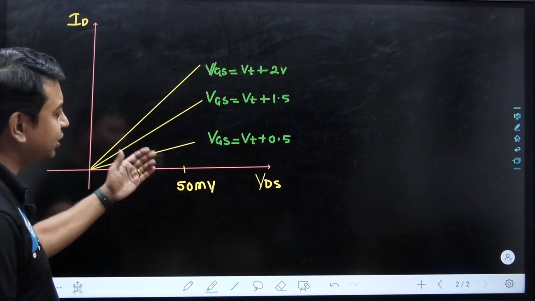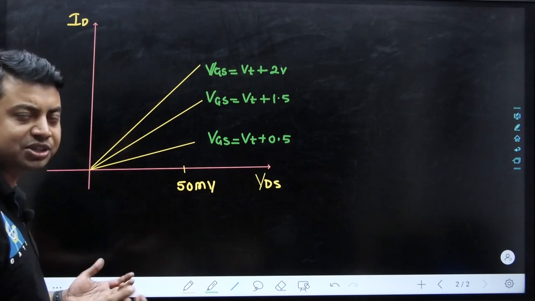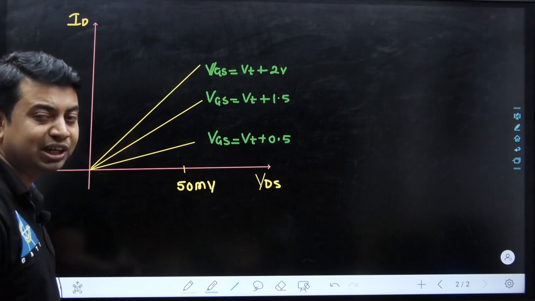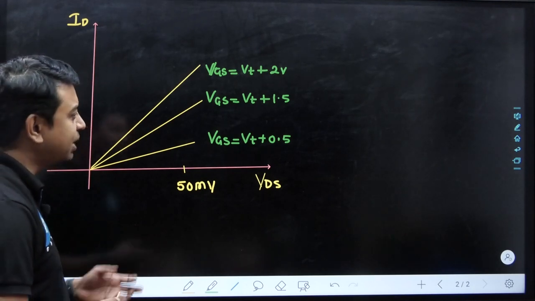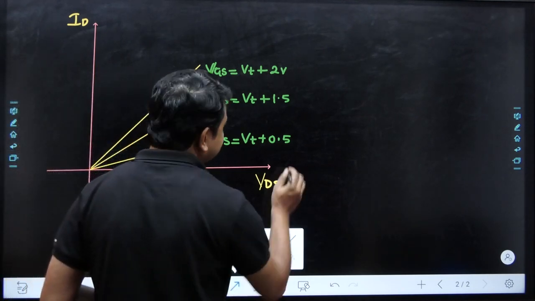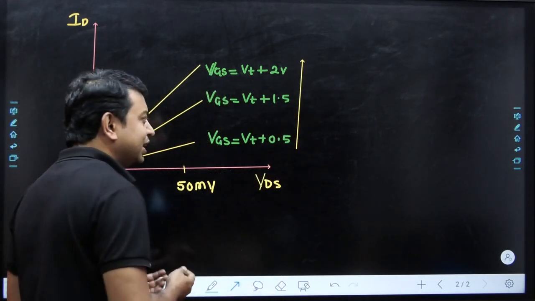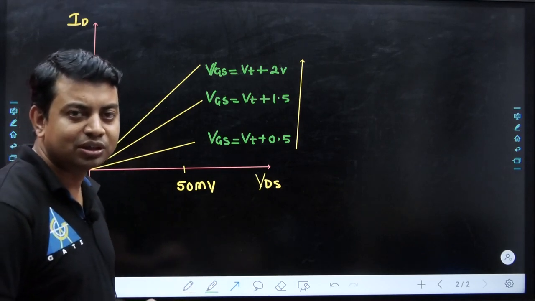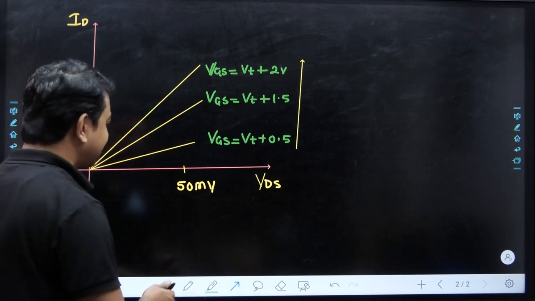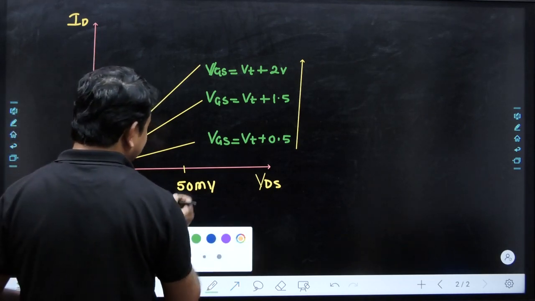So at different voltages we have a linear characteristic, of course up to 50 millivolt, but the magnitude of current is increasing because the path becomes more and more conductive as we increase the value of VGS. We get more magnitude of current at the same magnitude of voltage.